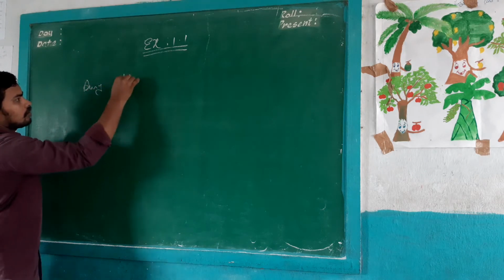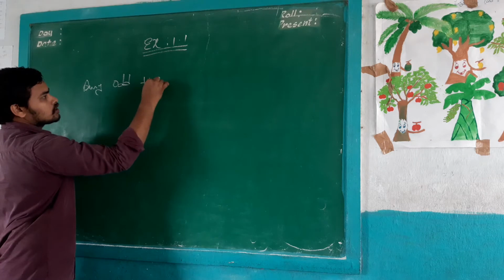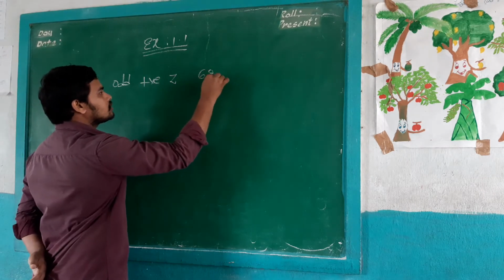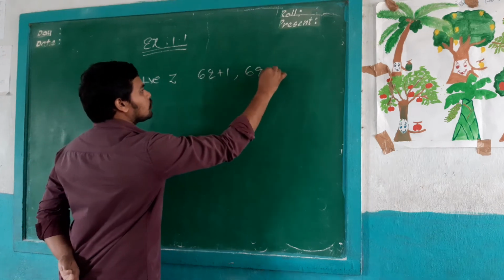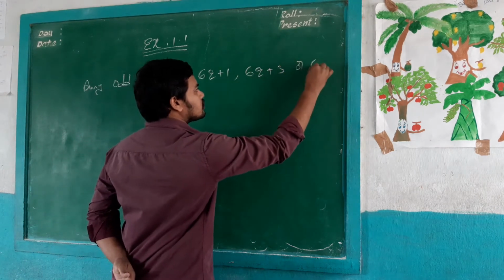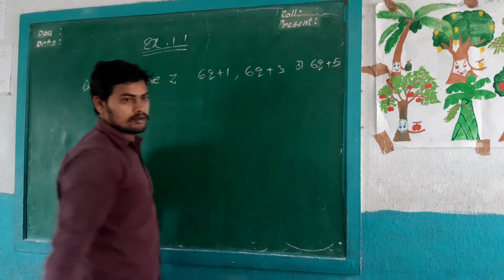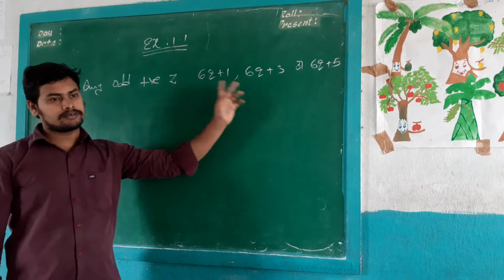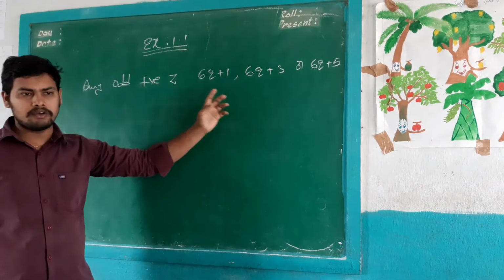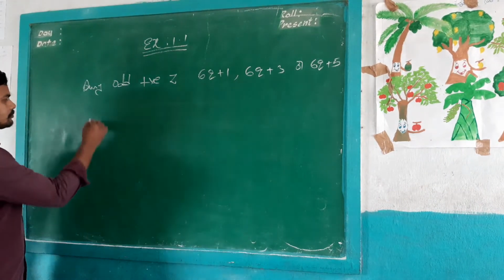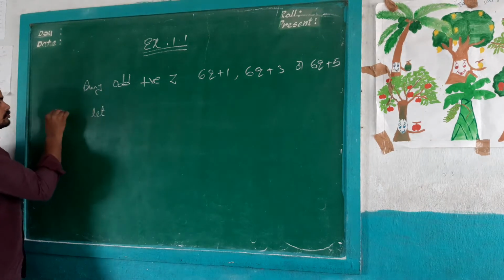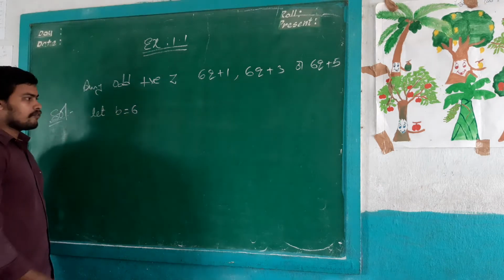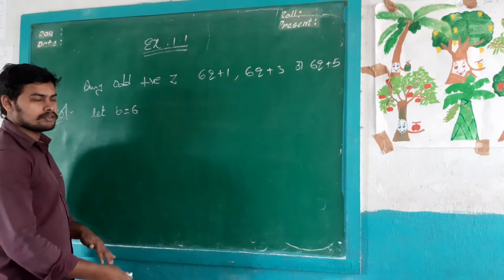First of all, what is the B value here? 6. Let B equal to 6.